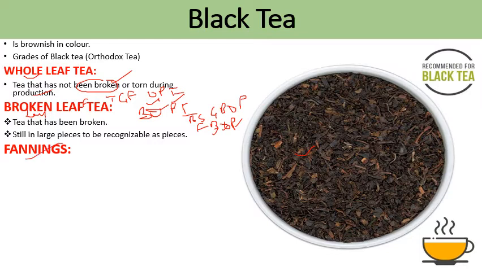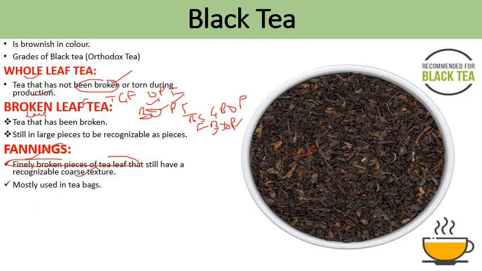Next we have fannings. Fannings are finely broken pieces of tea leaf that still have a recognizable coarse texture. These are leaves that are smaller than broken leaf, but we can still identify these leaf particles.